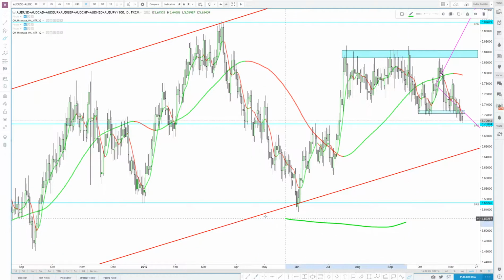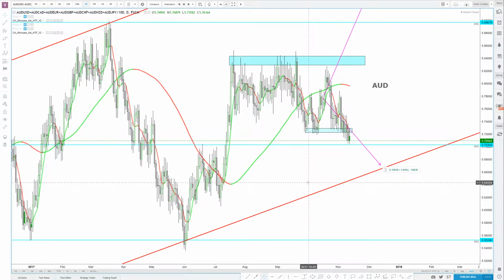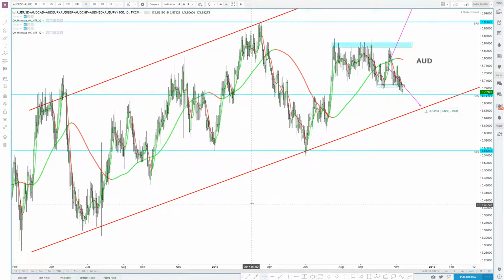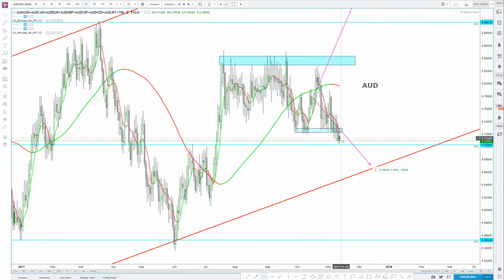Australian dollar. Let's see. Australian dollar, good. So we broke that support. We're trying to move lower to that trend line here, this channel, but we have run into this SRS level from here. So we basically only have two choices here.